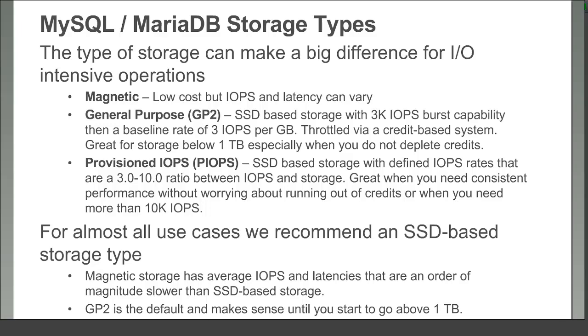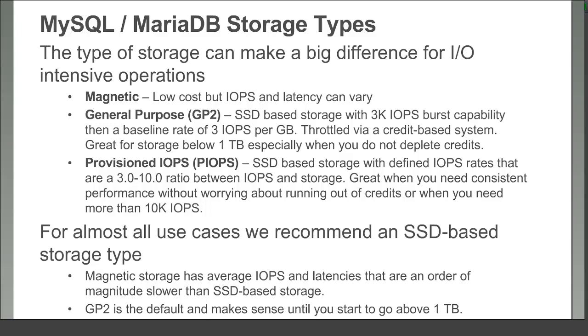More likely, we see a lot more cases that use general purpose or GP2 disks. These are SSD-based storage that have up to 3,000 IOPS burst capability. The ability to burst depends on an accumulation of burst credits, and so if you have a bursty workload where you're not always hitting the disk and needing a lot of IOPS consistently, then the GP2 might be a good fit.